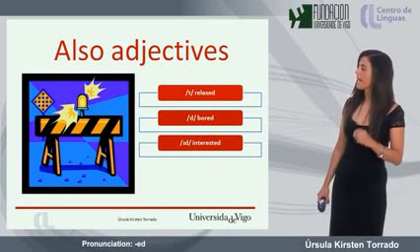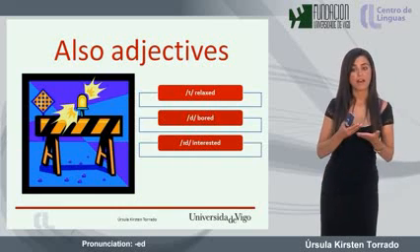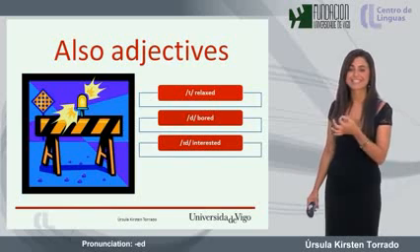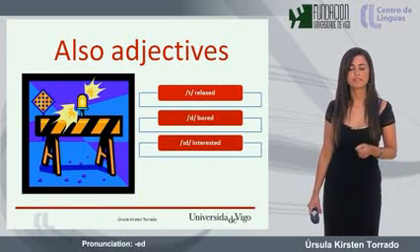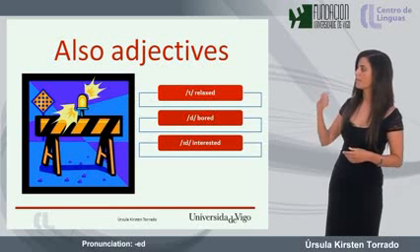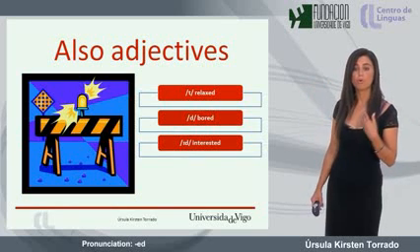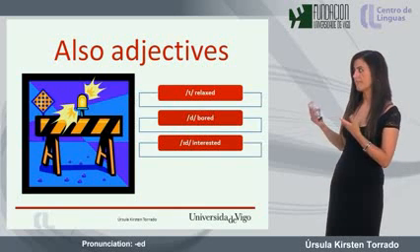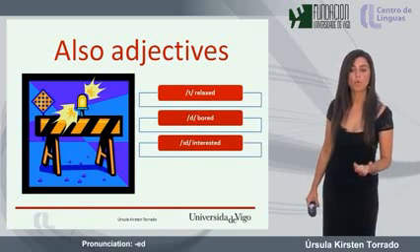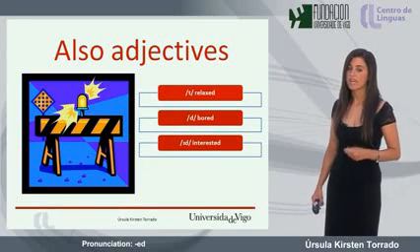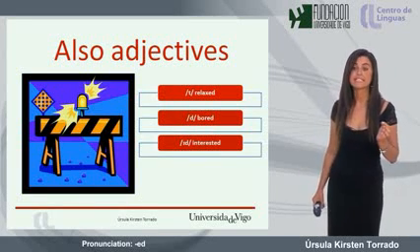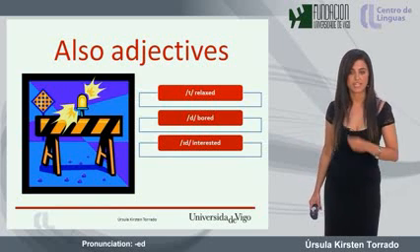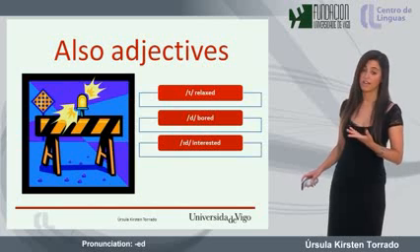So, if we have the verb relax and we add the ed ending for adjectives, then we have relaxed, because relax ends in S. So, relaxed with a T. The verb bore ends in long O. So, the adjective will be bored with a D. Interest ends in T. So, the adjective will be interested, ending in id.